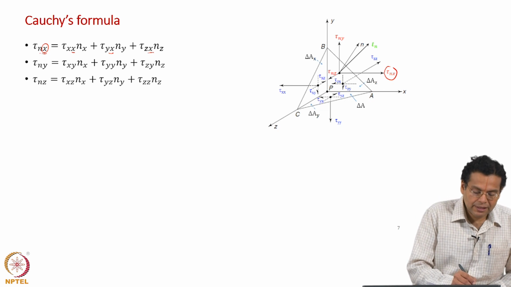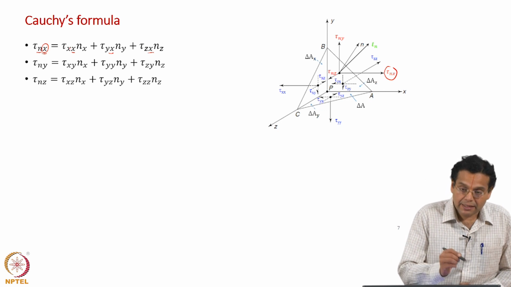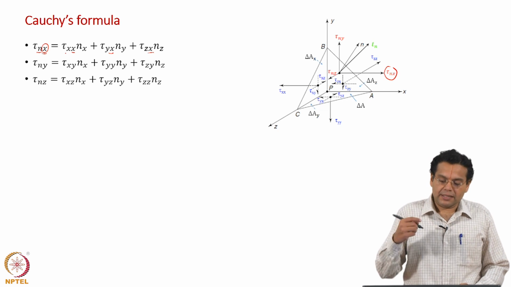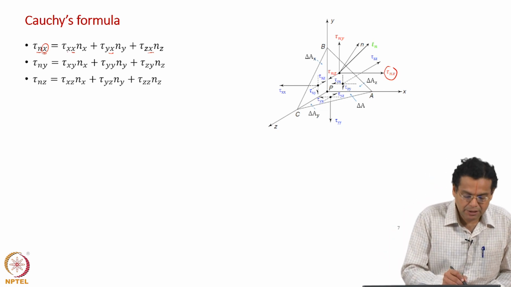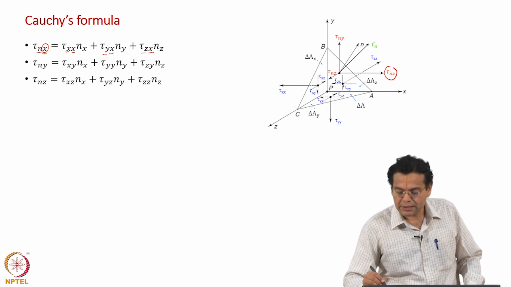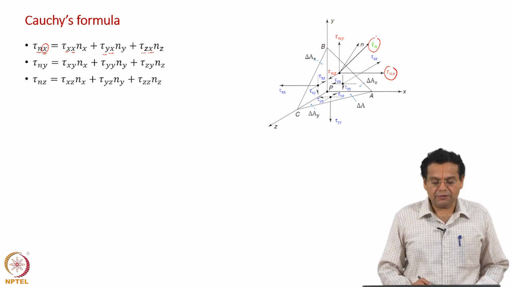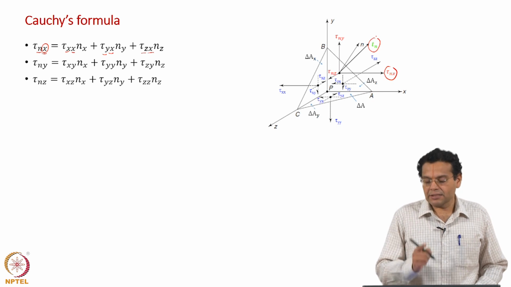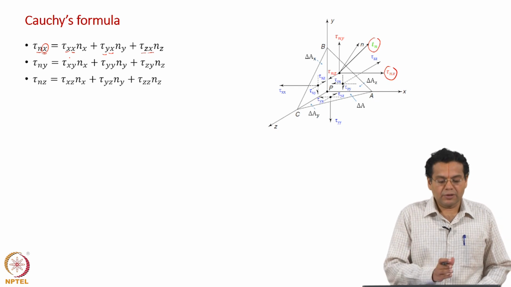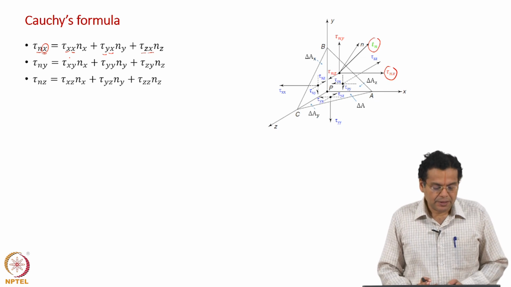In the left hand side what you have is n, because it is a component of an arbitrary stress vector, and then that relates to, on the right hand side, the x components of the 3 different stress vectors. Okay. That is why you have x axis, y axis, z axis. Left hand side is only one stress vector acting on the arbitrary plane, right hand side you have the x components of 3 different stress vectors acting on the x, y, z planes. That is why the first subscript is x, y, z. Okay. Of course, the moment you look at the second subscript, that tells you the direction in which you made the force balance.